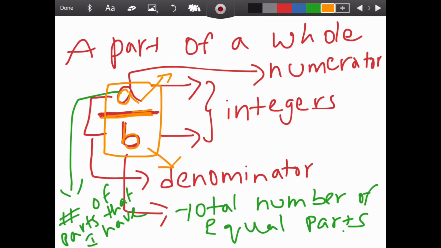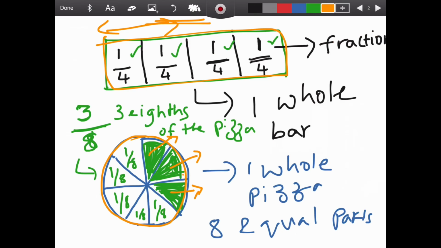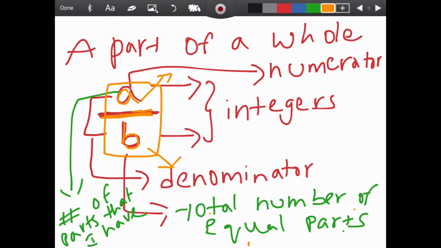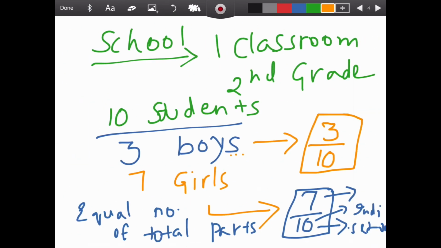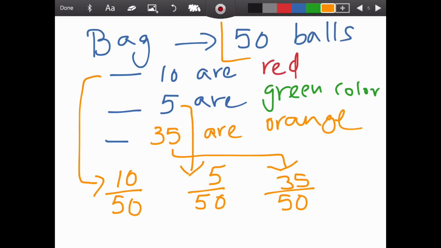Now the denominator can be the total number of equal parts, like we have seen in all these examples, or the denominator can be a set of individual parts, like 10 students or 50 balls.